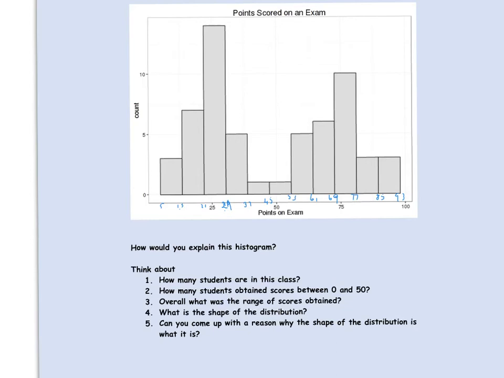Now we've looked at three different shapes of distributions in the previous slide. One was the symmetric bell-shaped distribution, one was a distribution with a skew to the left, and the other was a distribution that had a skew to the right. Let's now look at this distribution and see what the overall pattern is. The first thing we have to look at is the general pattern. So let's just draw a shape around this histogram.